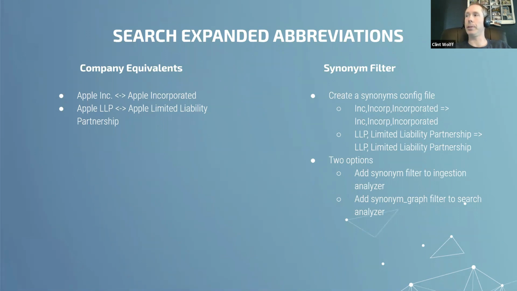So you can do it at ingestion time or at search time. The advantage to the synonym graph filter over the synonym filter is that it accounts for multi-term synonyms. So the example of Apple LLP and Apple Limited Liability Partnership, it's able to account for these multi-term synonyms better than the synonym filter analyzer.